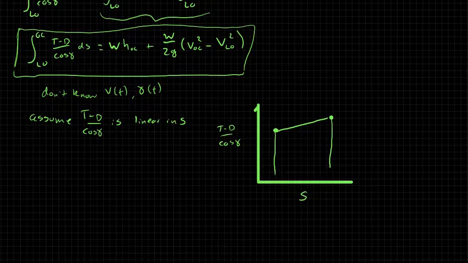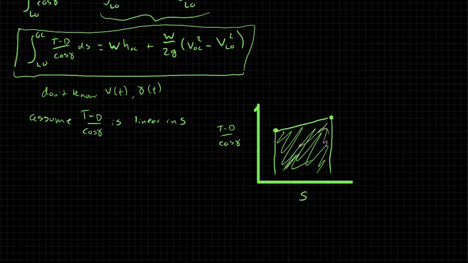Okay, so the integral here is the area underneath the curve, and you'll notice this is just a trapezoid, right? So we can use the trapezoidal rule, essentially. But the area of a trapezoid is just going to be the average of the two heights here times the distance. Okay, so if that's the case, then this integral here, we're going to integrate the left-hand side.